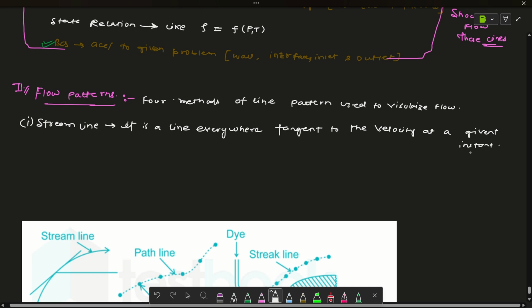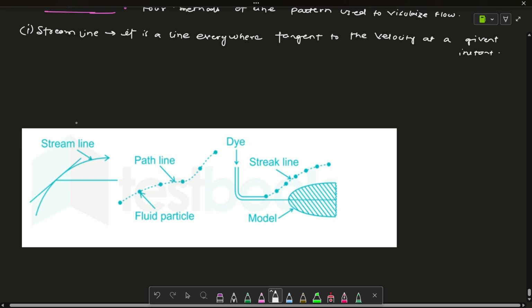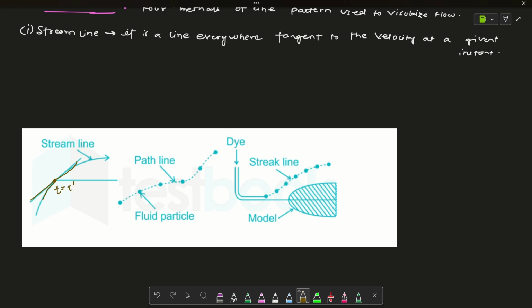Any fluid is moving here, and when we draw a tangent at any instant, say t equal to t dash, at that point, this is an instantaneous quantity. It is defined for a very short period of time. We draw a tangent to the velocity vector of the fluid, and that is a streamline.